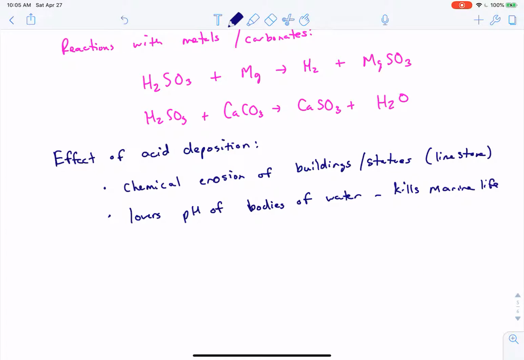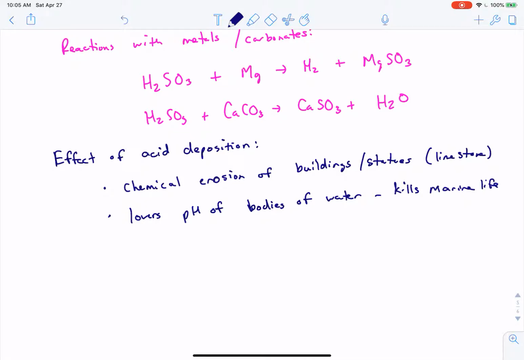Once you get to about 4.5, a lot of fish start dying, and after 4.0 I think it's uninhabitable. They're trying to find ways to help buffer that. I think those are the two main effects of acid deposition.